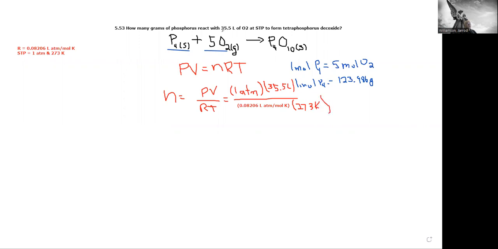And I'm going to check here: atmospheres cancel with atmospheres, liters with liters, Kelvin with Kelvin, and I'll be left with units of moles. Yes, I want you to show all this stuff cancel out.